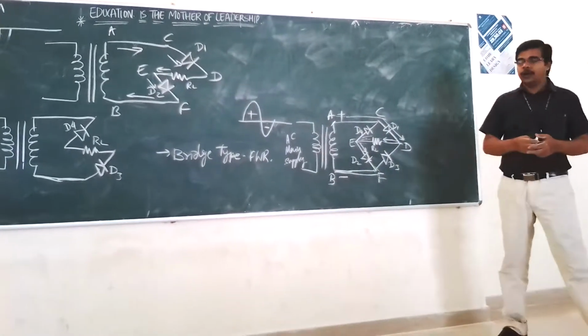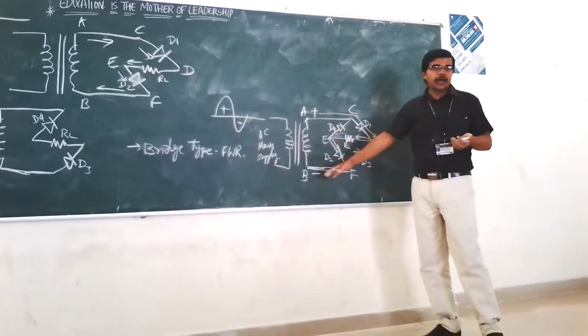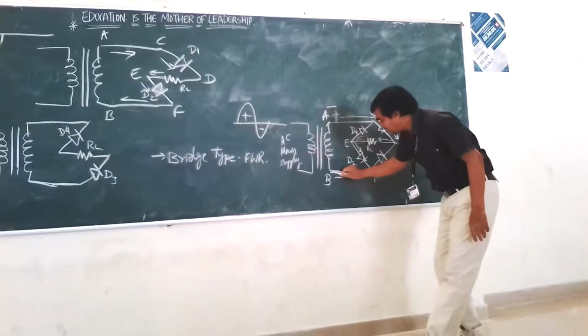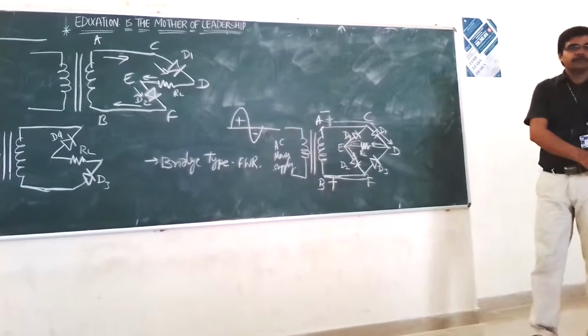When we go to the negative half cycle, the polarity changes. A becomes negative and B becomes positive.